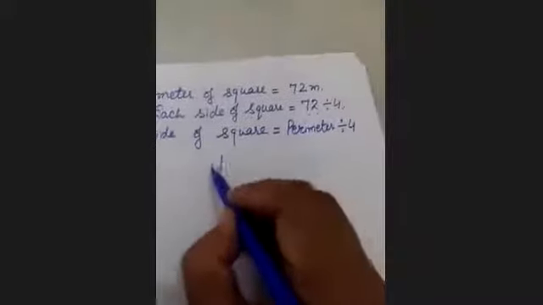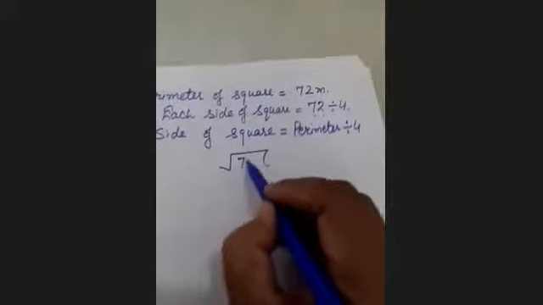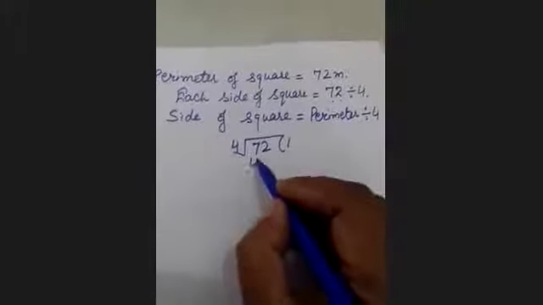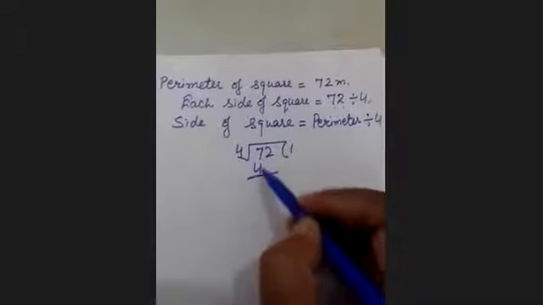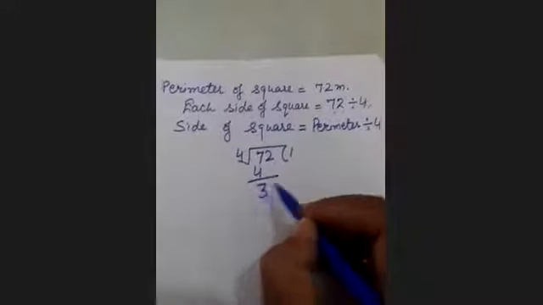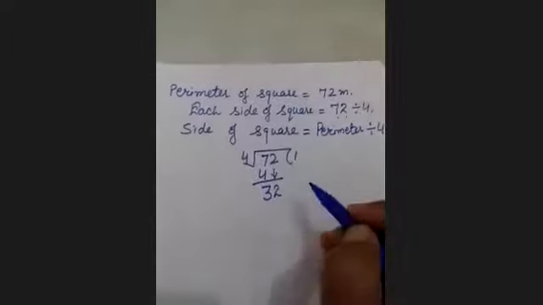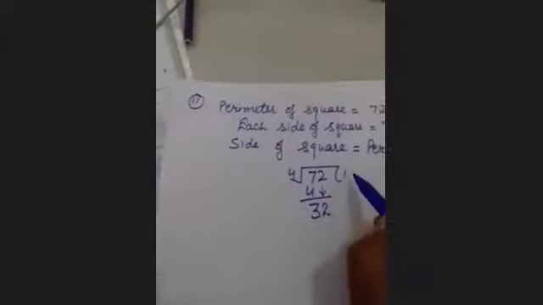Now divide it. First we will divide 7 by 4. 7 minus 4 is 3. Next number is 2. 4 times 8 are 32.